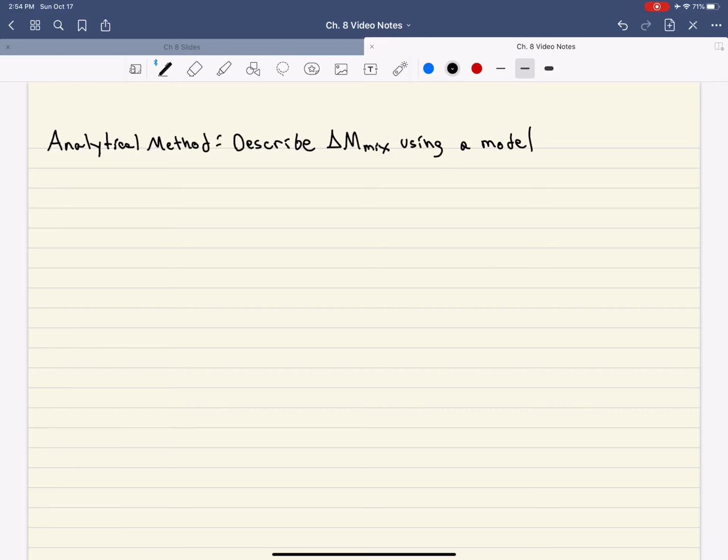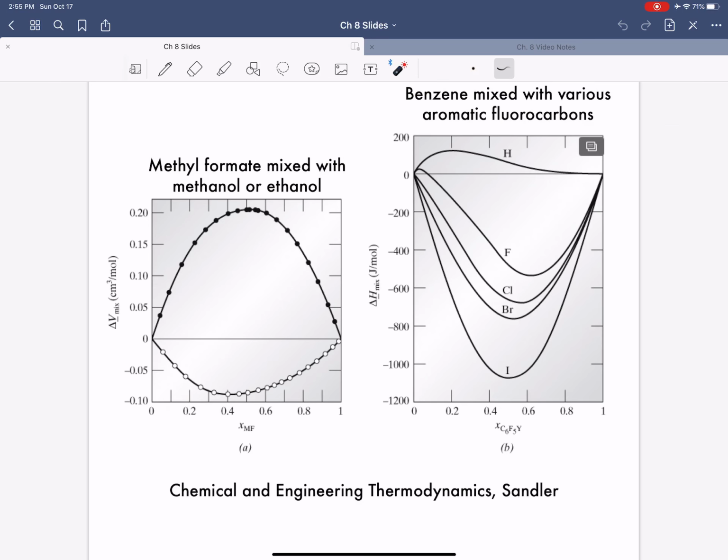So for this example, for methyl formate and ethanol, we have this sort of mixture, which forms a parabolic curve like this.